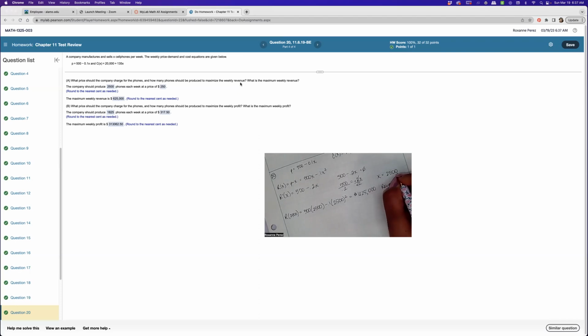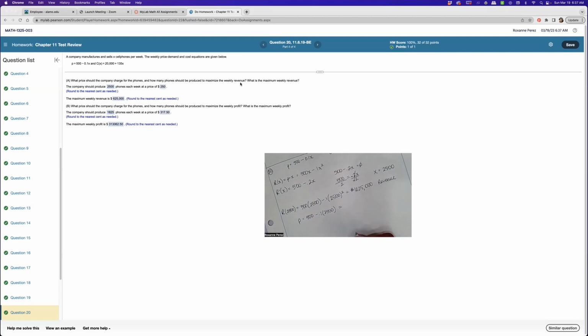Now we also want to calculate the price at this production level. So P equals 500 minus 0.1 times 2,500, and that's going to give you 250.